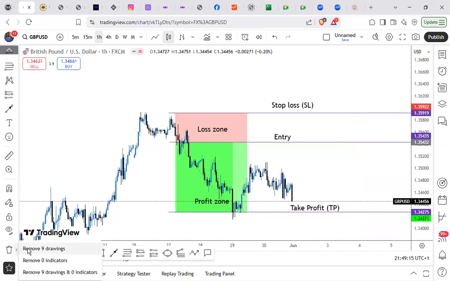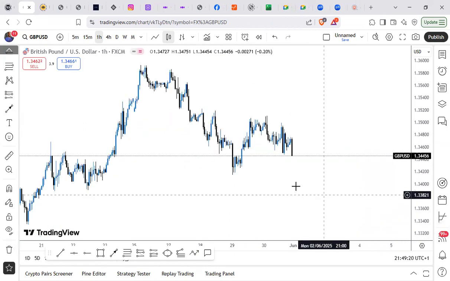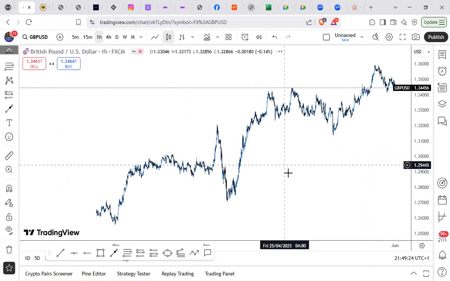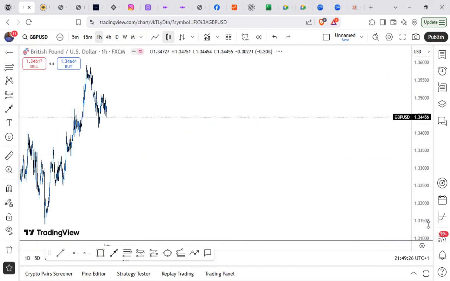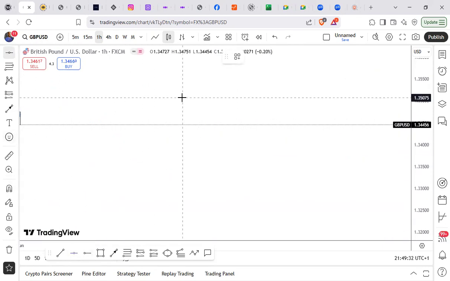For now, let's just go to the next part, which is support and resistance. Now, when you talk about support and resistance, I want you to picture this in mind. Look at this right here.